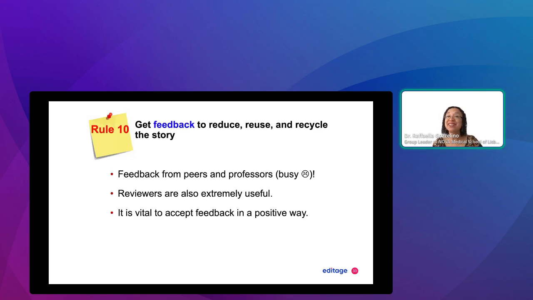You always need to think that there are sometimes many more people who want to join that field of study, who can be interested in what you do. So get the feedback from peers and professors, but remember that those are busy people, so you need to give them a proper amount of time to actually provide you with comments and suggestions.